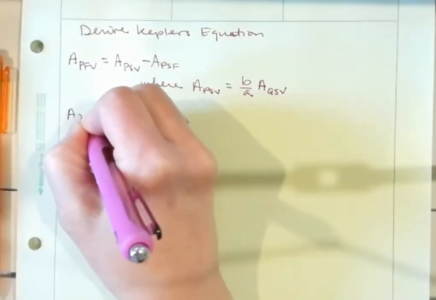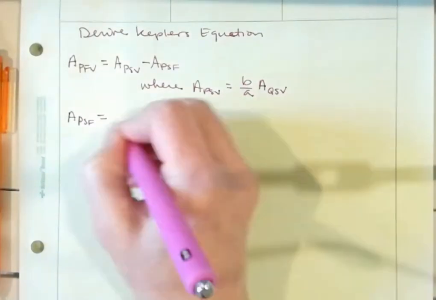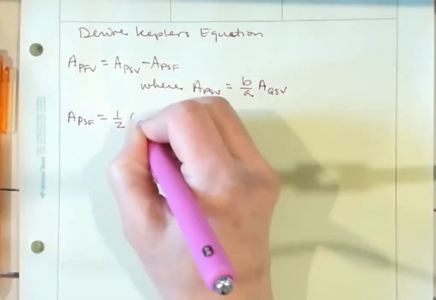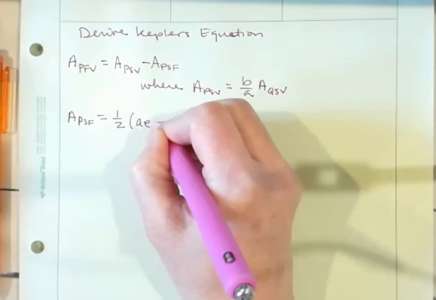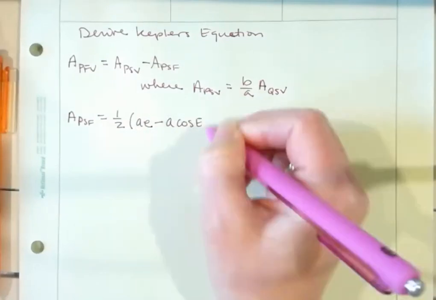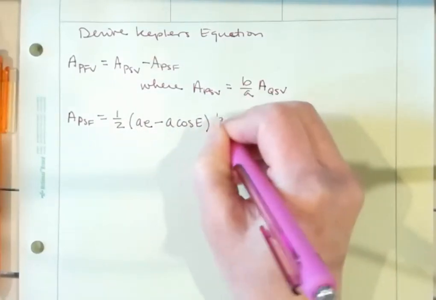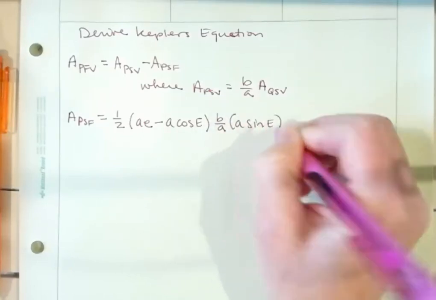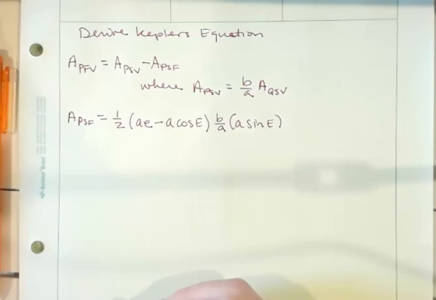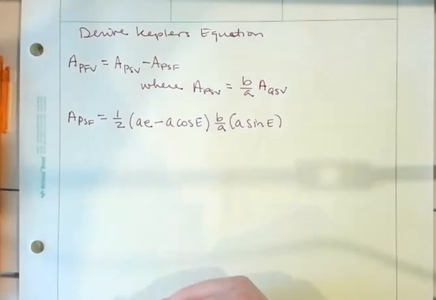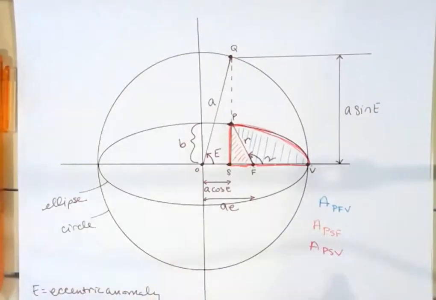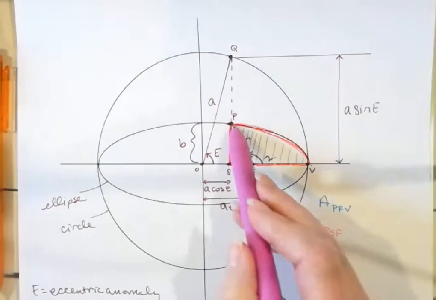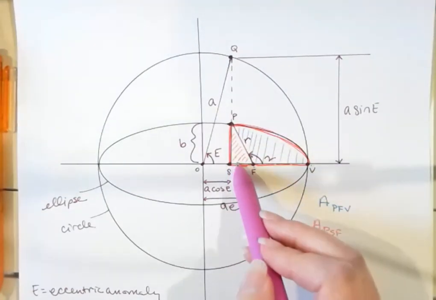Now let's look at A of PSF. So this equation is going to be 1/2 times (A times E minus A cosine capital E) times B over A times A sine of capital E. If we look at this picture again, we're looking for the area right here, this orange area, this PSF.